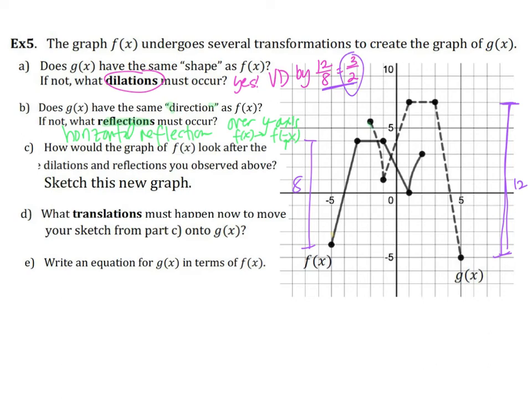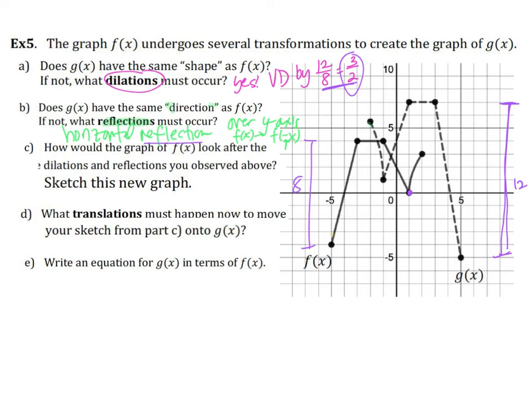In other words, it grew 1.5 times taller than the original. So I'm going to take each point and stretch it 1.5 times further from the x-axis because it's a vertical dilation. And then I'm going to reflect it over the y-axis. So let's start with the 0 because that's the easiest one.